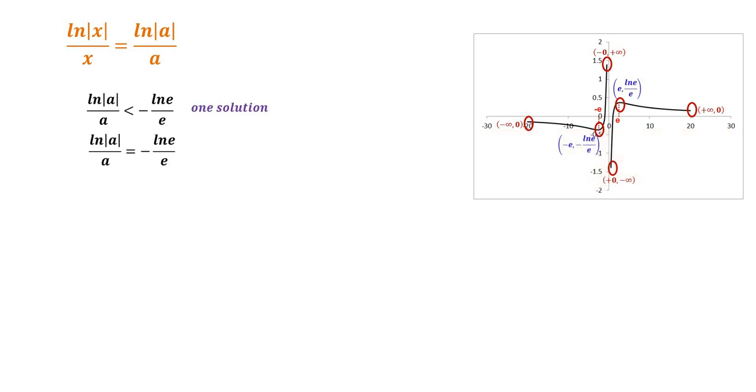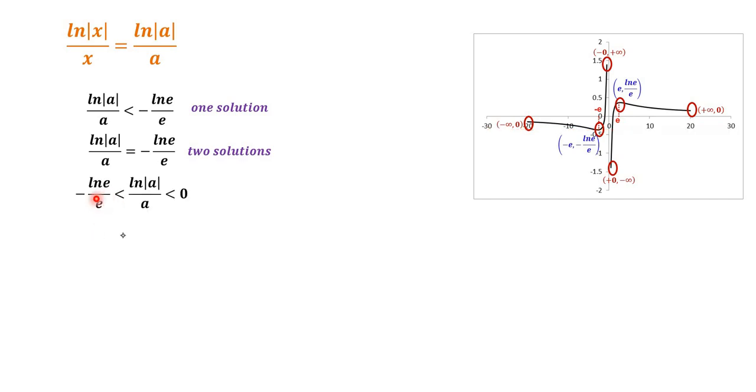When ln|a| over a is equal to negative ln e over e, so this straight line, there will be two intersections. You see here, one is here and the other is here. So there will be two intersections and two solutions.